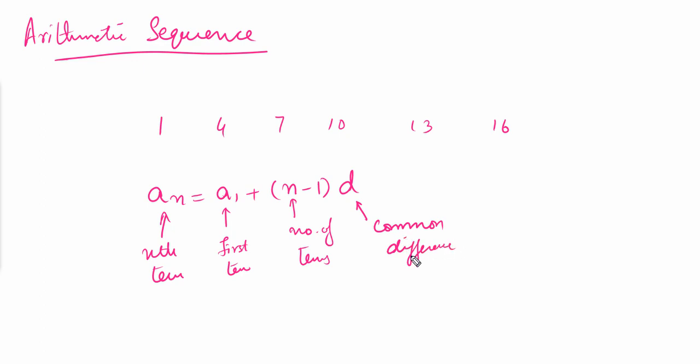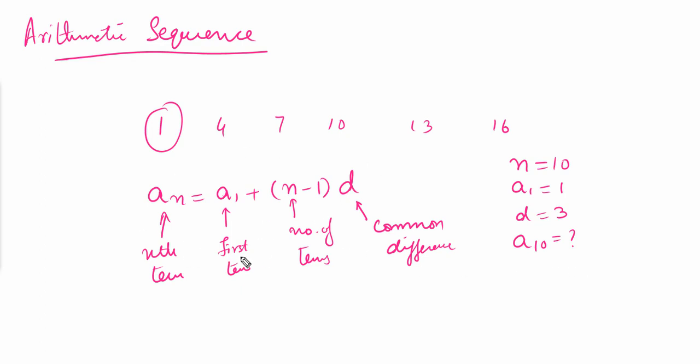For example, I have to find the 10th term of this sequence. So my n will be equal to 10, my first term is 1, the common difference is 3, and a of 10 is the one I have to work out.